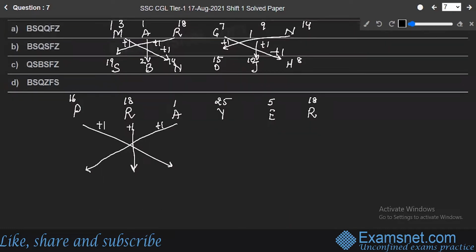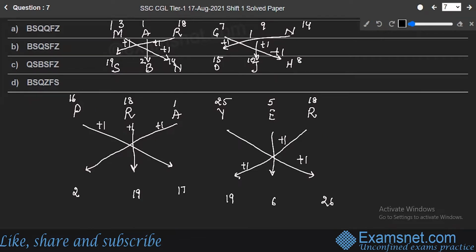If I add 1 to these, we get 17, 19, and 2. Then here Y plus 1 gives you 26, E, that's 5 plus 1 gives you 6, and 18 plus 1 gives you 19.